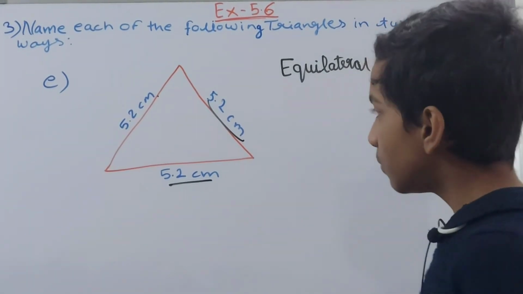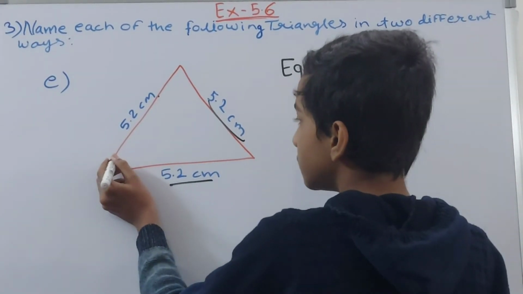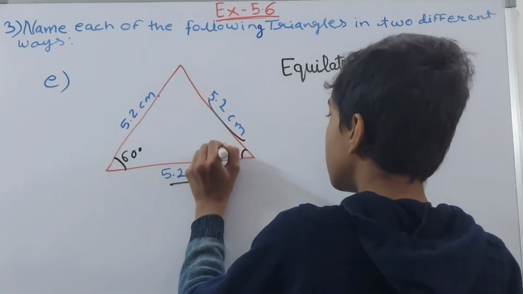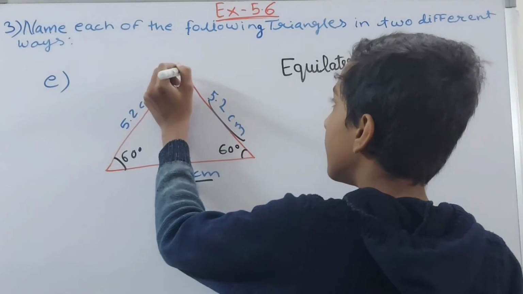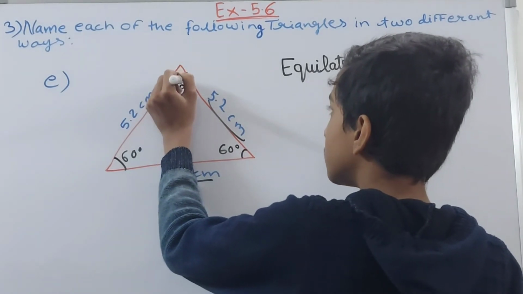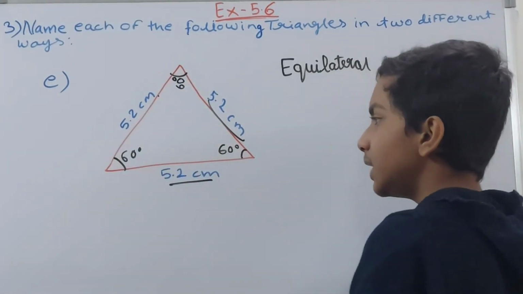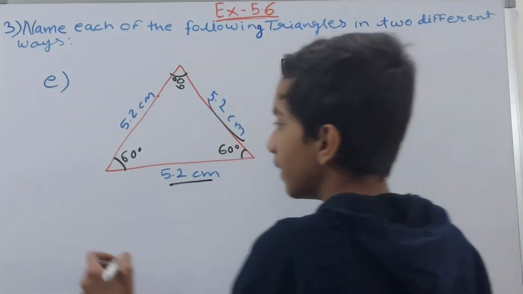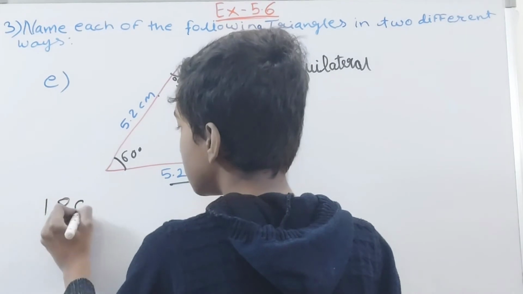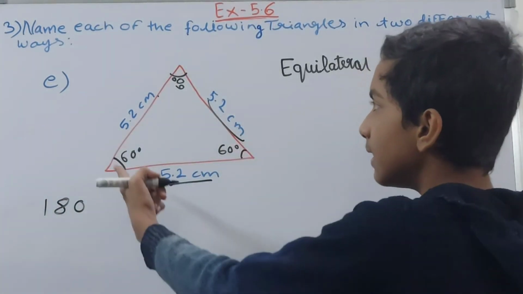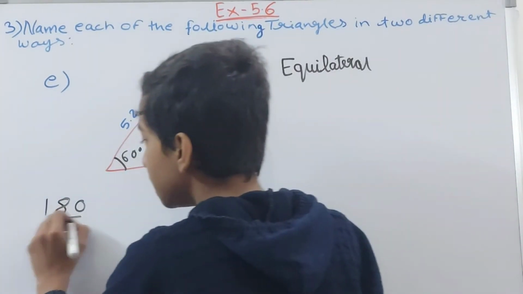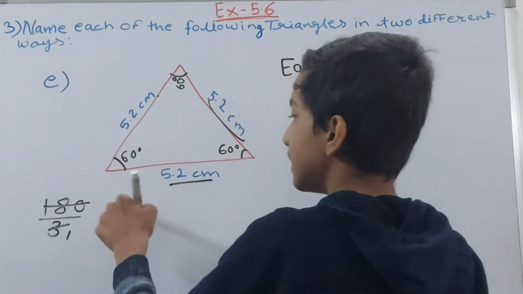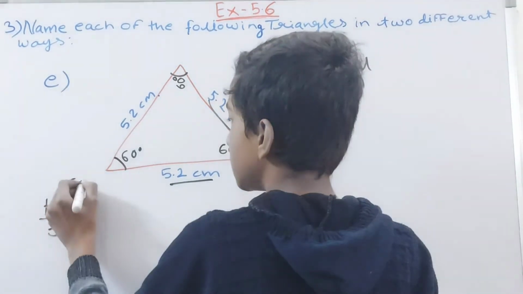Okay, then next, if you see angles, in an equilateral triangle, always keep this in mind, all the angles will measure 60 degrees. This one will measure 60 degrees, this one will measure 60 degrees and this one will also measure 60 degrees. How? We will divide 180, because 180 is the total angle sum, by 3, which is the number of sides in a triangle. So 180 divided by 3 gives 60.